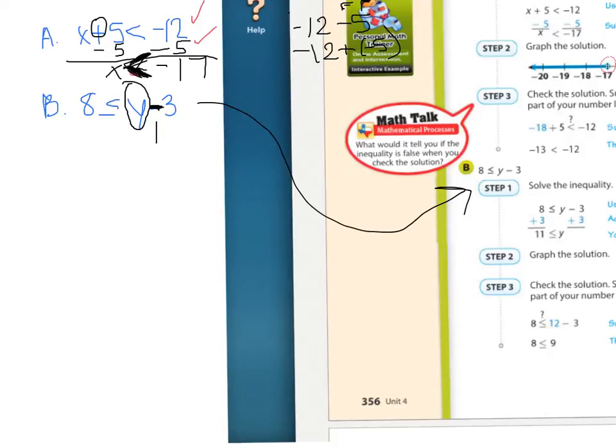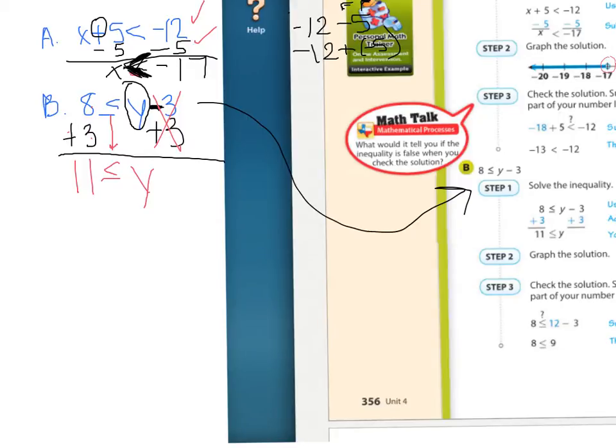You're going to add 3 to here and here. Make sure you're copying this down just like I have it. So these two cancel out, and you're just left with y. This just comes straight down, less than or equal to, and then 8 plus 3 is 11. So 11 is your solution. 11 is less than or equal to y.